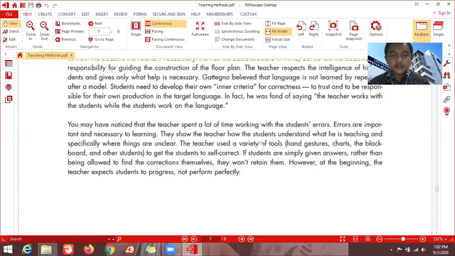And then the teacher used a variety of tools, hand gestures, charts, the blackboard, and the students to get the students to self-correct. Self-correct means it requires a high level of awareness of mistakes and awareness of knowledge.